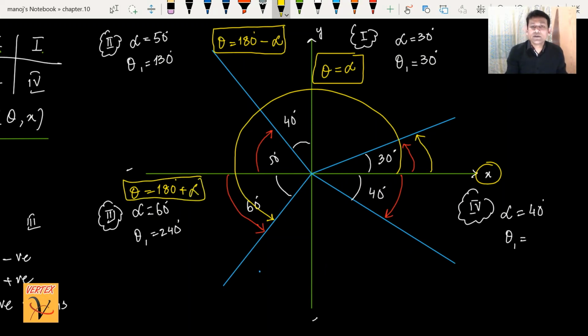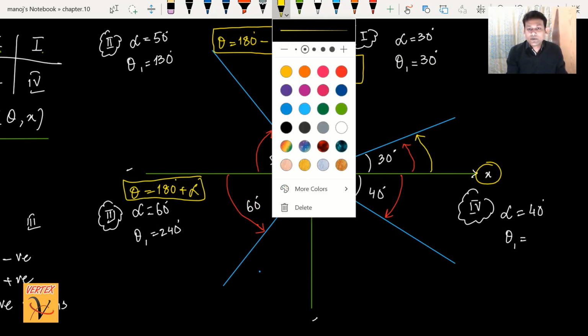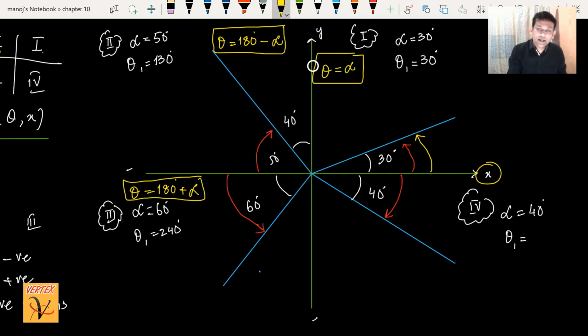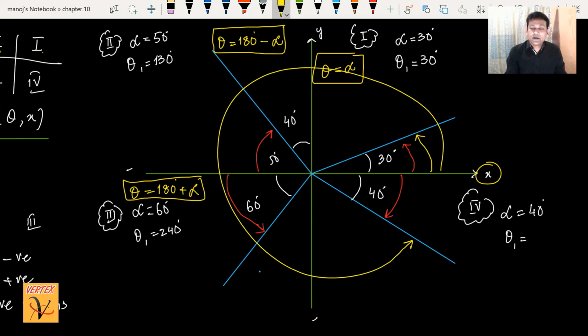Okay, we're moving to the fourth quadrant. In the fourth quadrant, I will move from the positive x-axis anti-clockwise till here. And the basic angle is 40 degrees. So when I want to find this size, I have to write 360 minus 40, because the total angle is 360 degrees. 360 minus 40 is 320.